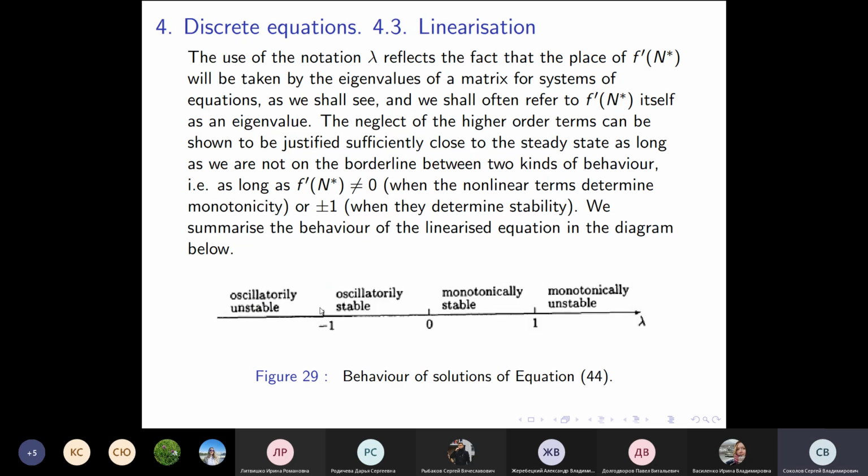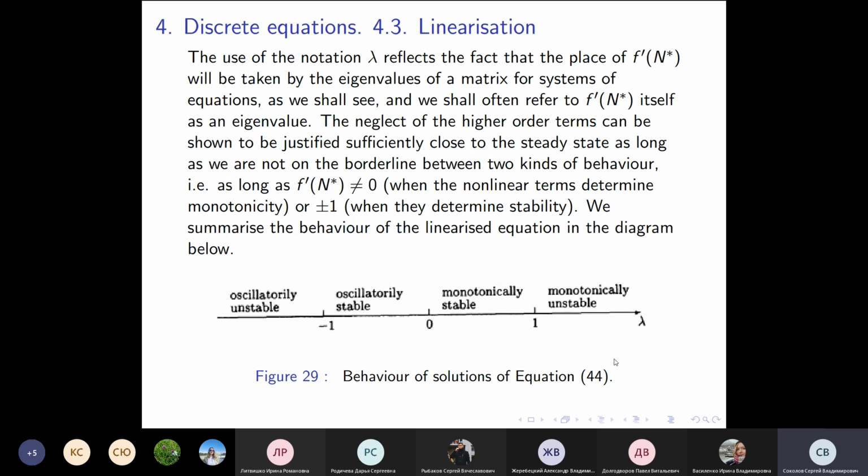Well, I think that's all for our introduction to difference equations. In the next lecture we will try to analyze some difference equations, and we'll see the conditions for, for example, the Ricker equation when our solution 1 is stable or unstable.